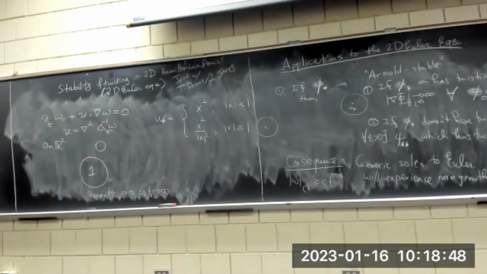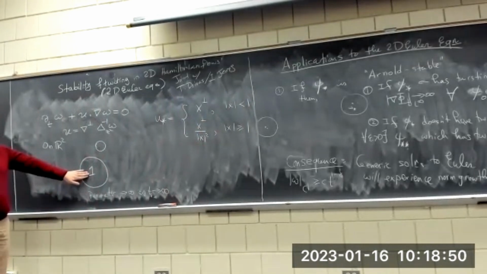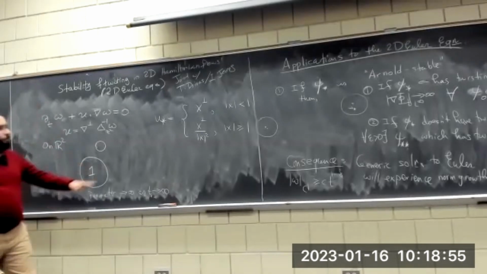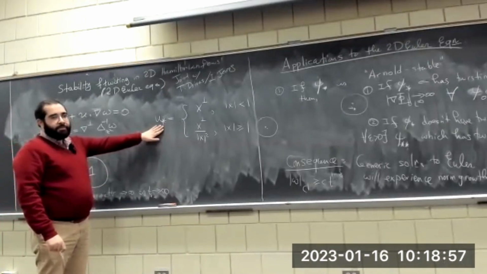So if you take the characteristic function of a ball, that's a steady state in the Eulerian sense, and its velocity is like this.